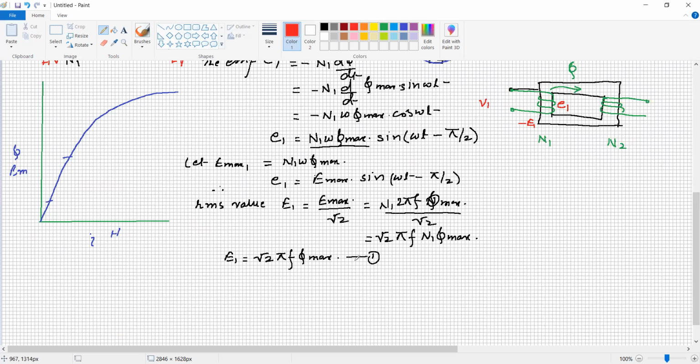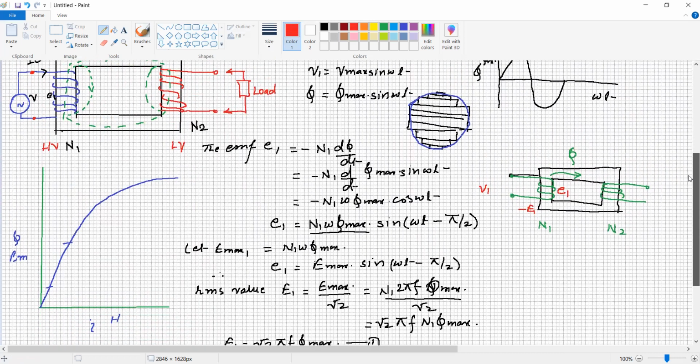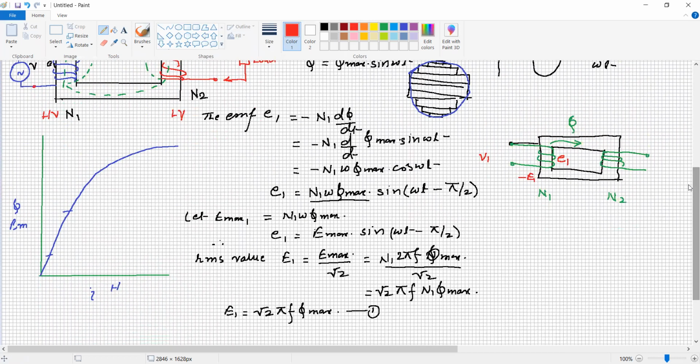Now, the second point is very important to consider. From this equation, the EMF induced is lagging by 90 degrees; the EMF induced in the primary winding is lagging with respect to the flux.